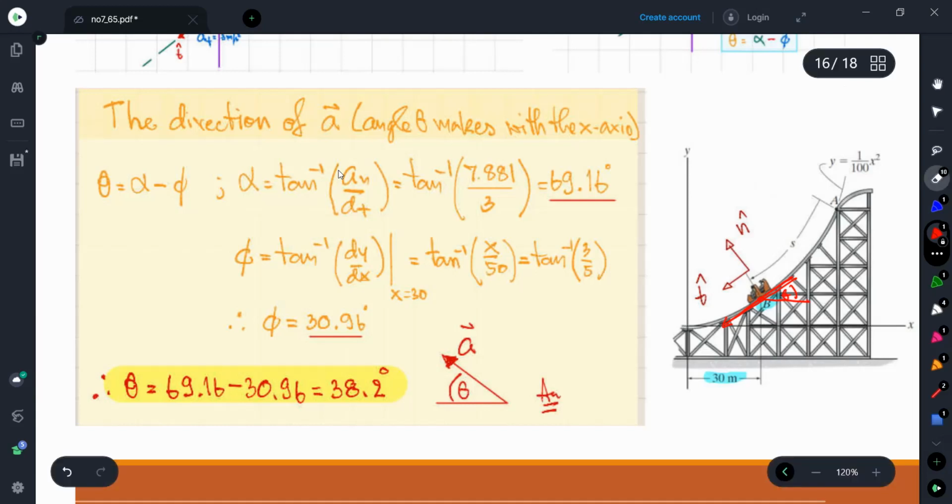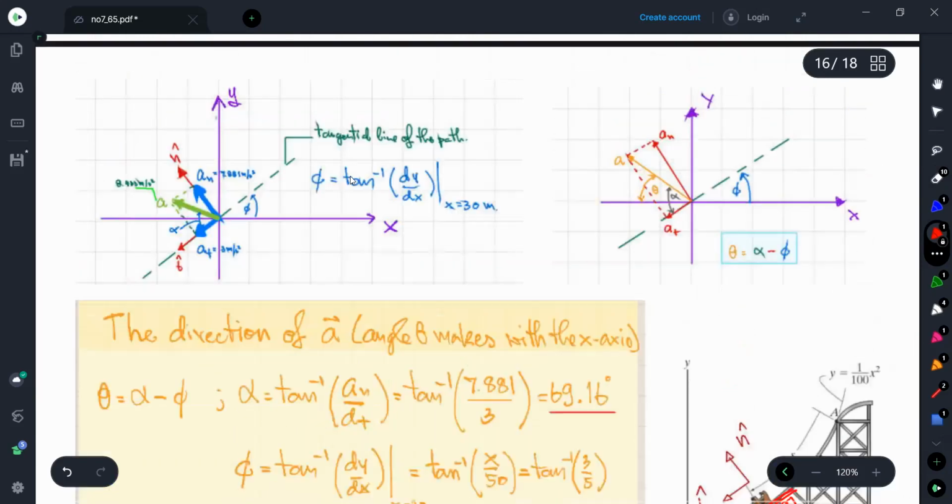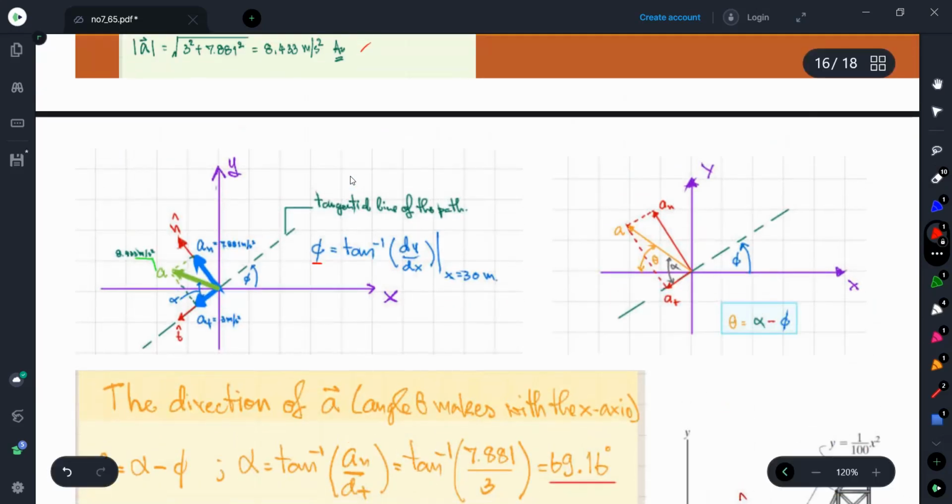We represent it as the angle phi, the angle of the tangential line of the path, which we can determine by arctan of dy by dx. Dy by dx is the slope of the path at x equal to 30 meters. And the angle we would like to find is the angle theta here.